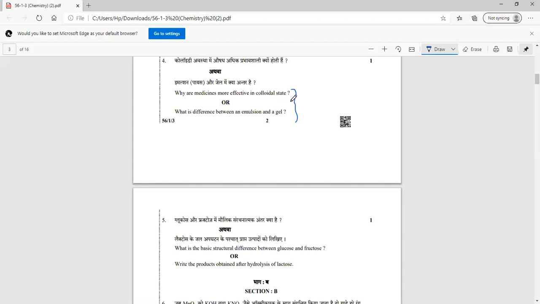Say, for example, if we take colloid of magnesium hydroxide as milk of magnesia to treat acidity in the stomach, then it will not pass through the stomach into the intestine, and through the intestine it will not go to the blood directly. So it will neutralize the acid in the stomach.